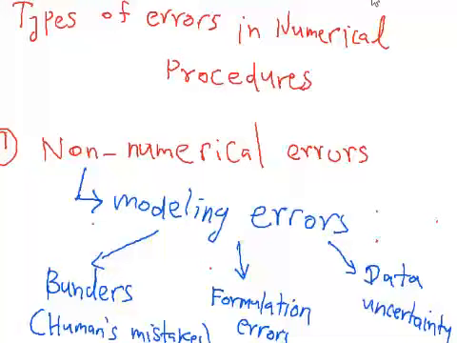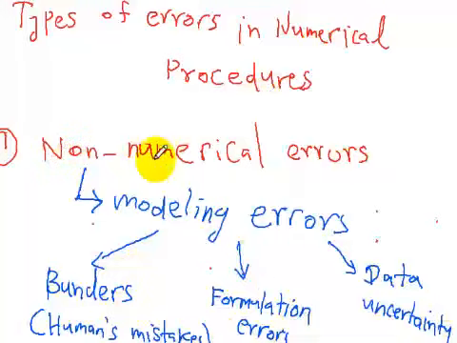So when you take the reading, it has some kind of measurement error. These are types of modeling errors that come into the problem, right?